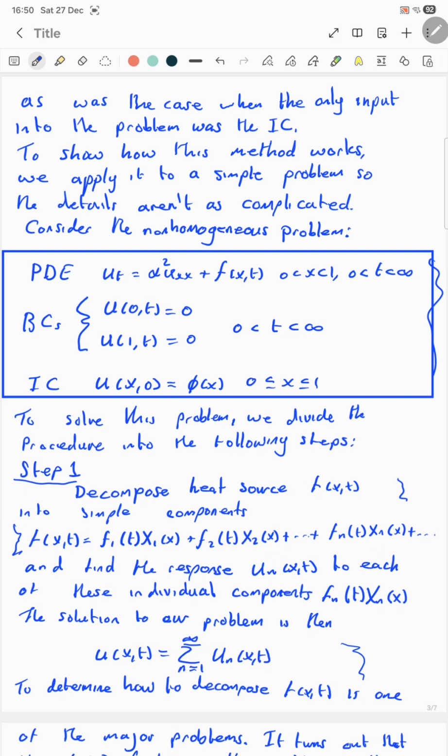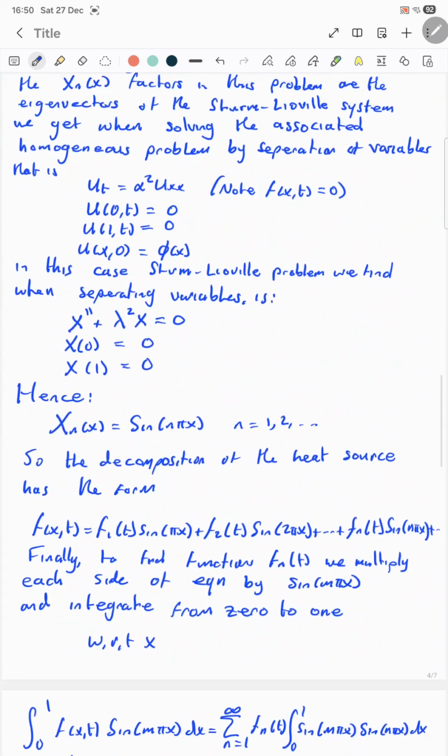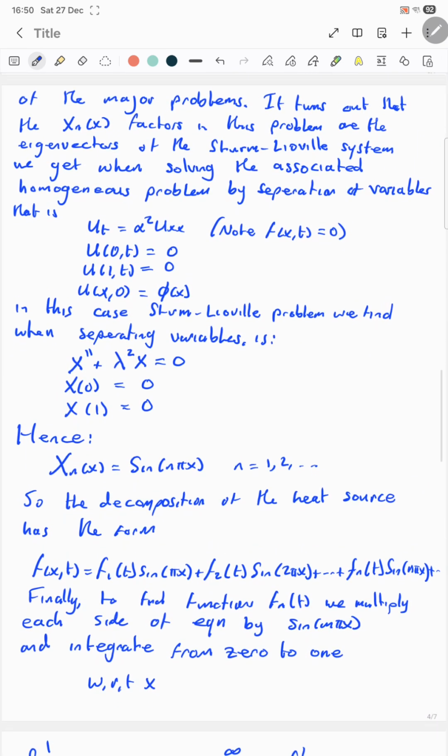To determine how to decompose f of x of t is one of the major problems. It turns out that the Xn of x factors are the eigenfunctions of the Sturm-Liouville system we get when we're solving the associated homogeneous problem by separation of variables, that is given here.